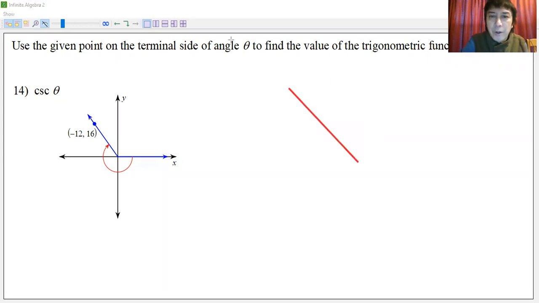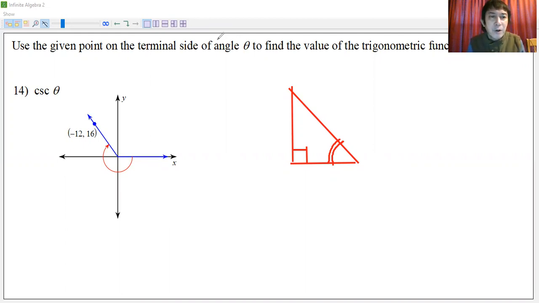This is our terminal side, and this coincides with the x-axis, and this is our vertical distance to complete the reference right triangle. This is our right angle, and our reference angle will be this angle here. We have the values, the coordinates of the point.